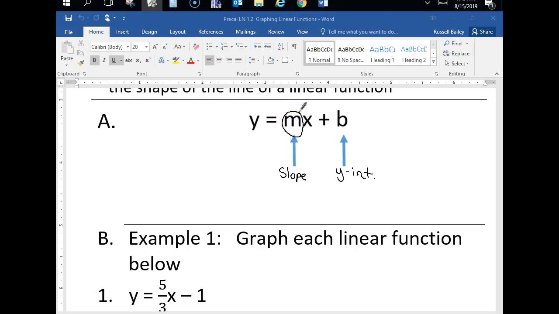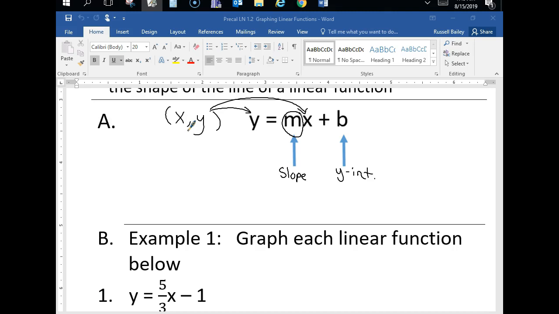And then these two, the y and the x put together, they're all the points that exist on that line. So the m is the slope, the b is the y-intercept, and the x and the y are all the points, and there's an infinite number of points.